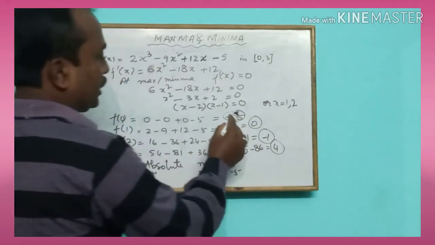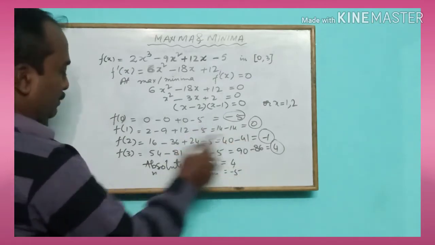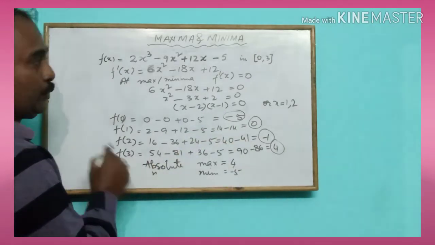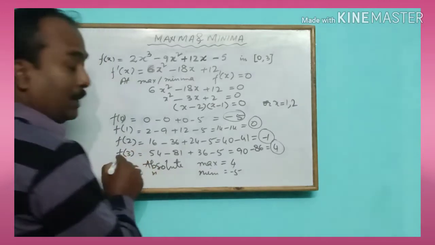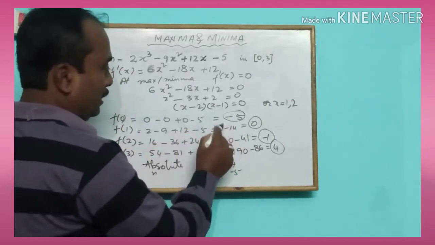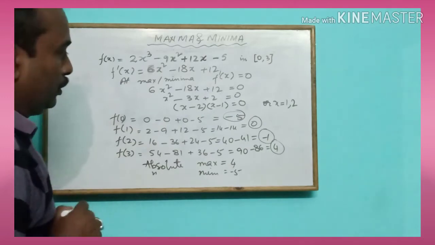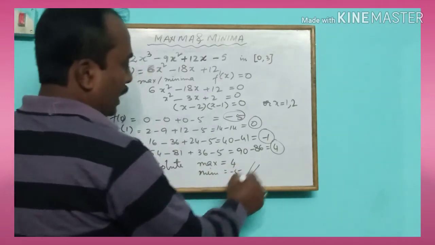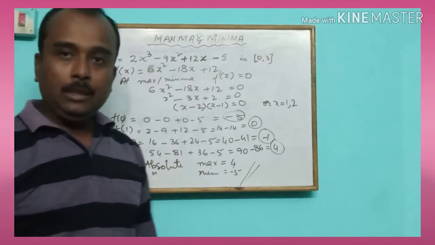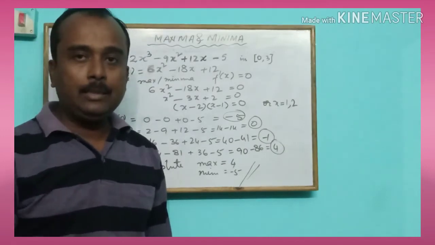So the function attains absolute maxima at x is equal to 3, and this is the absolute maximum point, and attains the absolute minimum at x is equal to 0. So this was how we calculate the absolute maxima and absolute minima. Let us see the next example.